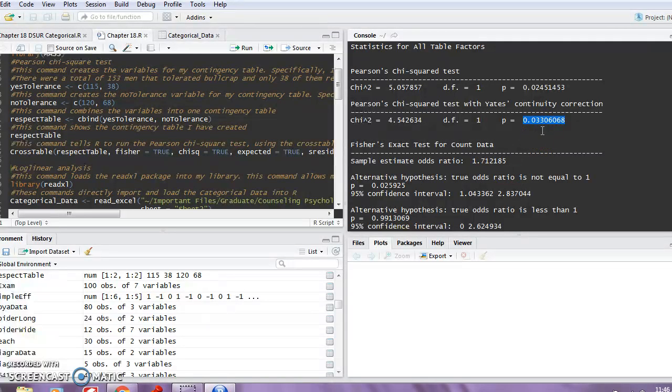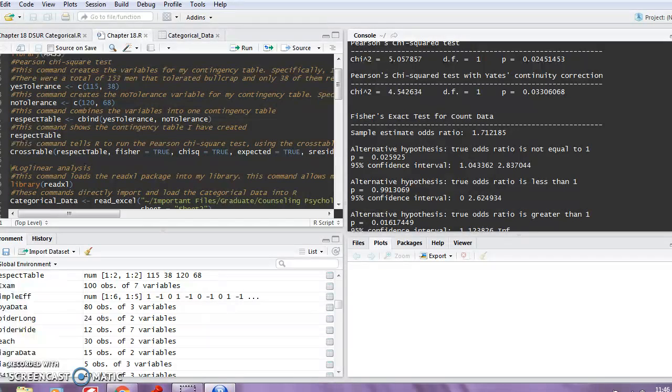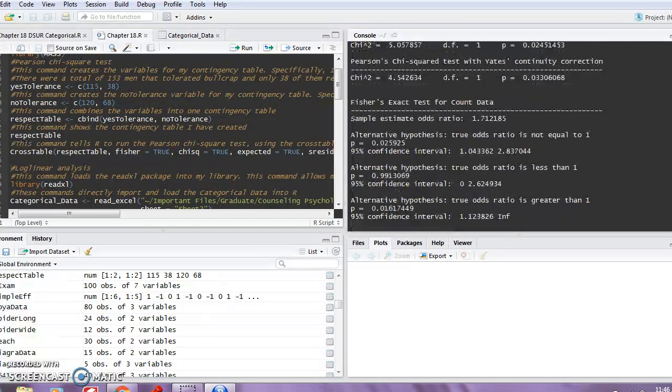But what we see here is that it's actually significant. So just as a way to follow up, this suggests that our findings are indeed truthful, but we can also look at the Fisher's exact test as well, just to make sure we're on point.